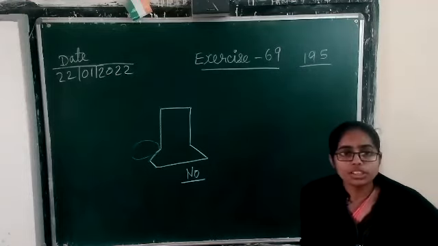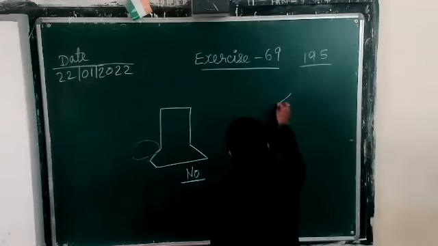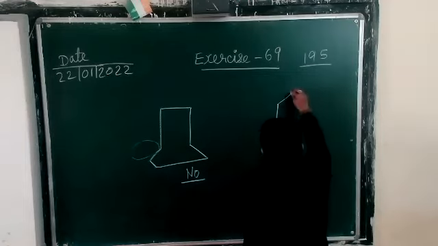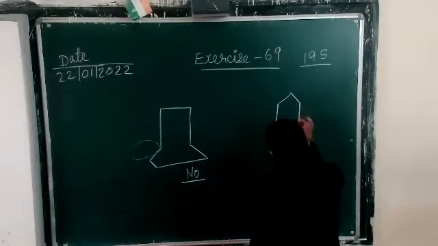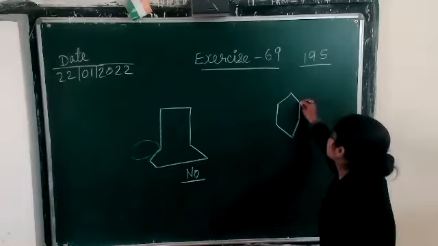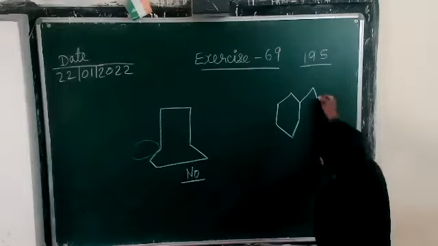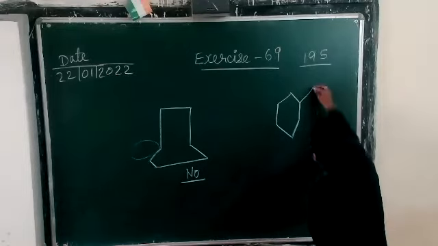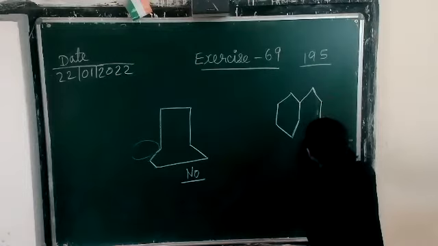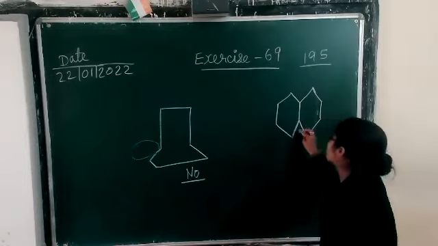Next figure, a hexagon is given. I will show you how to tessellate that figure. If I draw from here, what will happen? Look at the figure. These gaps will come, no?